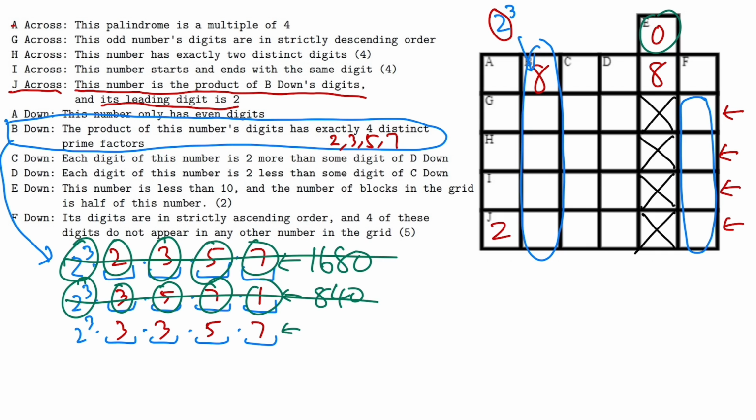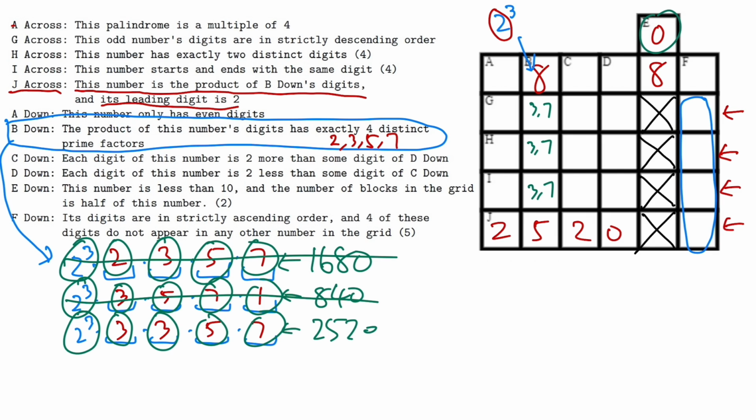And then if we multiply 8 by 3, 3, 5, and 7, we will end up with 2520. Yes, that is correct. So we must have 2, 5, 2, 0 for J across. And in the meantime, although I don't know the order, we must have 3 and 7 in these boxes.